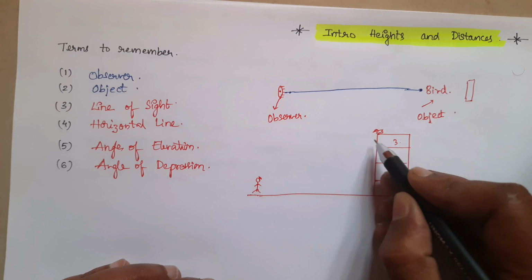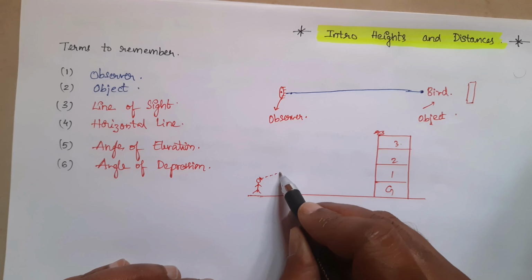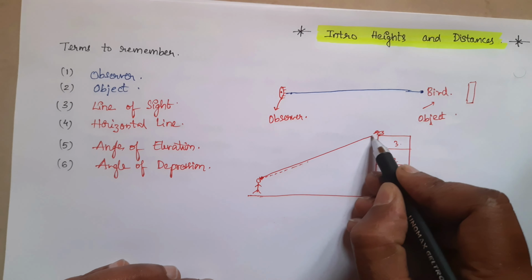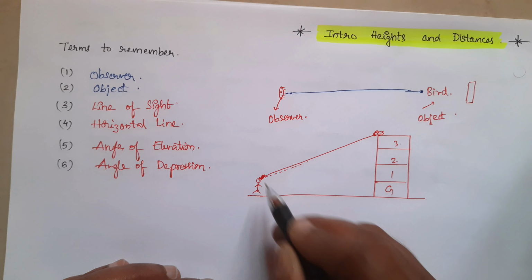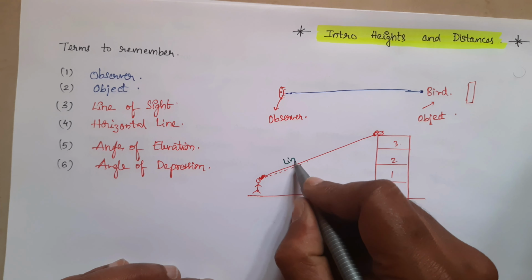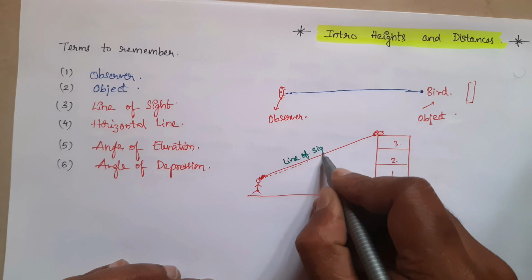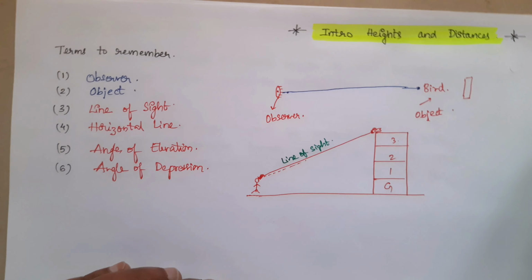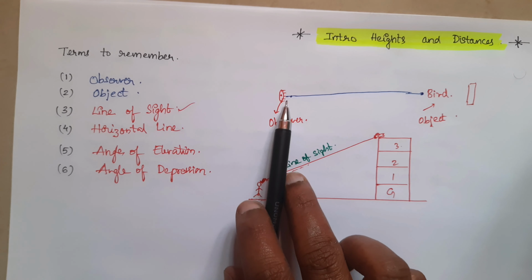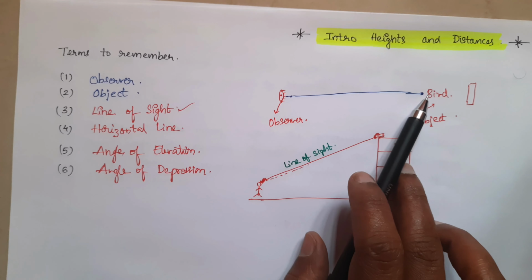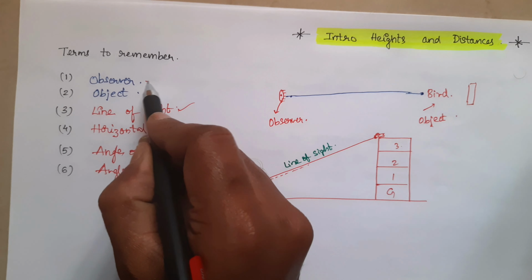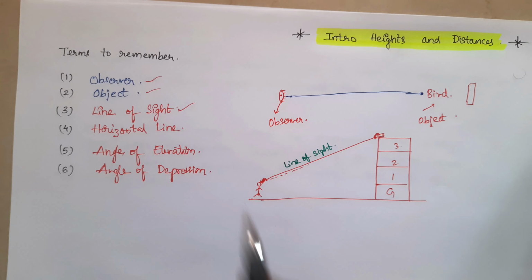The distance between this person's eye and this object we consider as the line of sight. Already I told you, the distance between the eye and the bird, the object, is called the line of sight. So the observer and the object are covered.